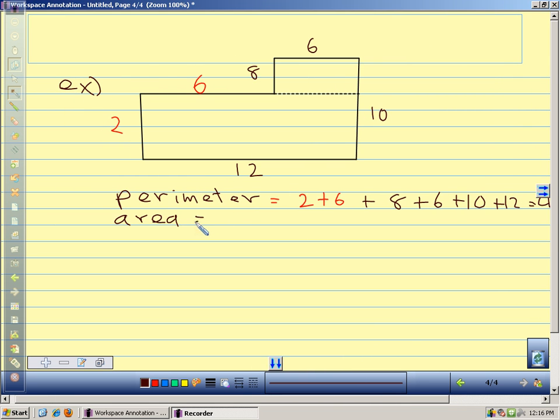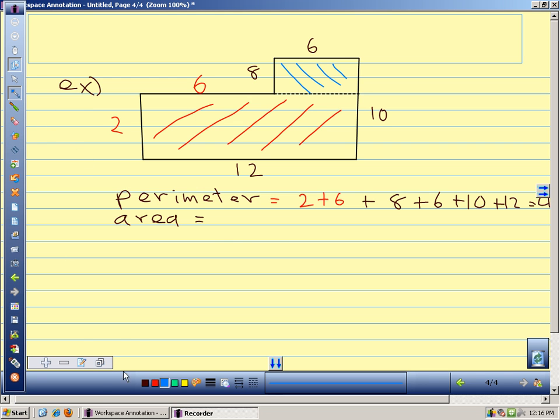All right, and my area. So to find my area, I've divided this in pieces. So we need to find the area of the red rectangle and the area of the blue rectangle. So what's the area of the blue rectangle? 8 times 6, or 48. 8 times 6, and we're going to add that to the area of the red rectangle. What's the area of the red rectangle?